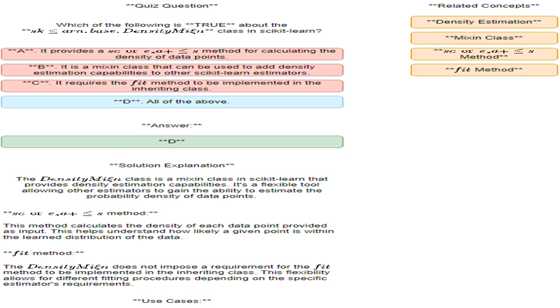Consider a dataset of house prices. Using a density estimation technique, you can estimate the probability density function of house prices. This will help you determine the likelihood of finding a house at a particular price.